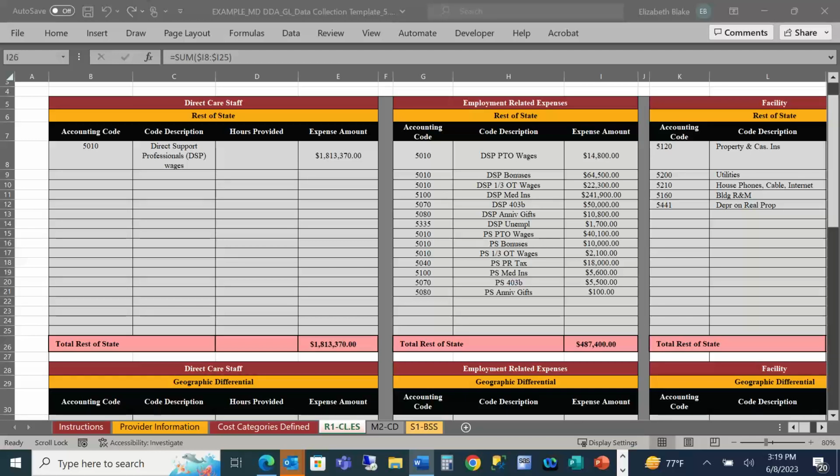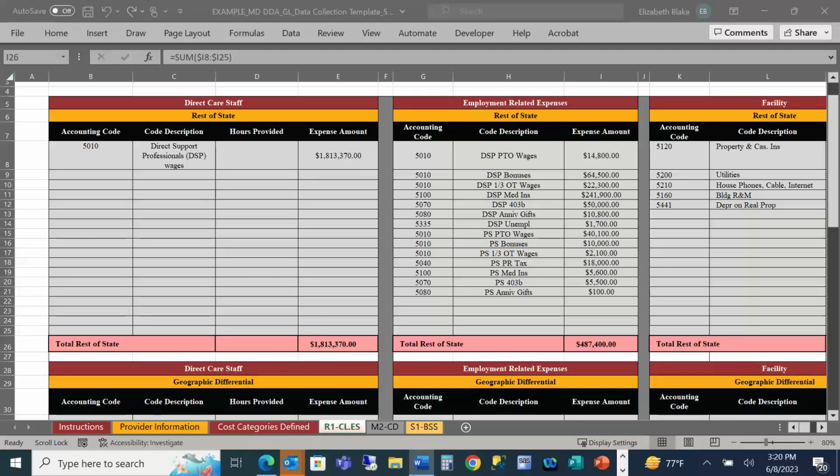employment-related expenses. So here in this ERE cost category is where we want to make some really important distinctions. So this is the category where we want to include insurance such as FICA, unemployment, workers' comp, and medical. And we also want to include employee benefits, vacation, holiday, and other types of pay, such as the overtime portion of the wages.